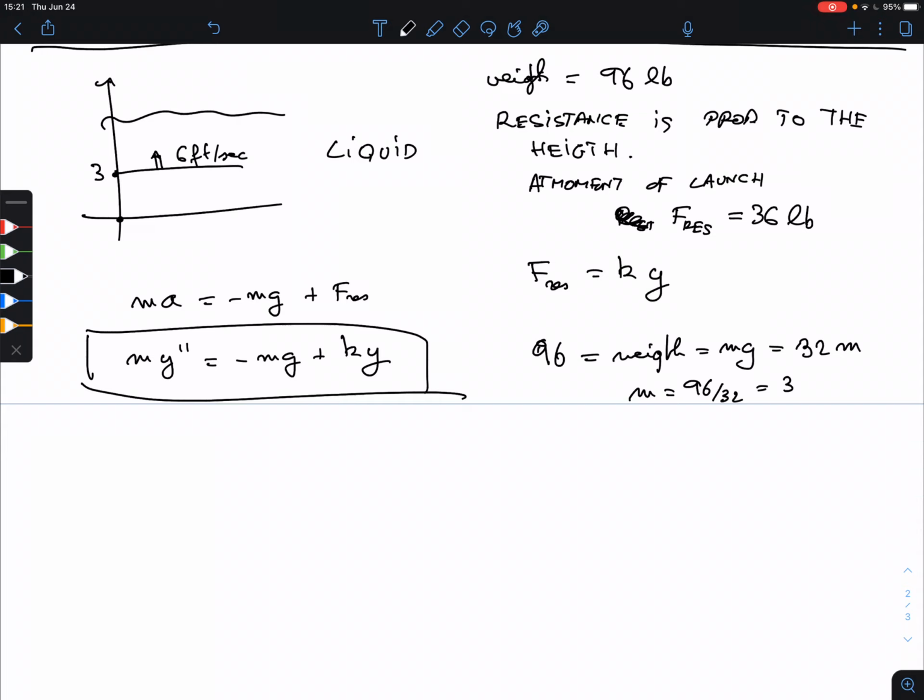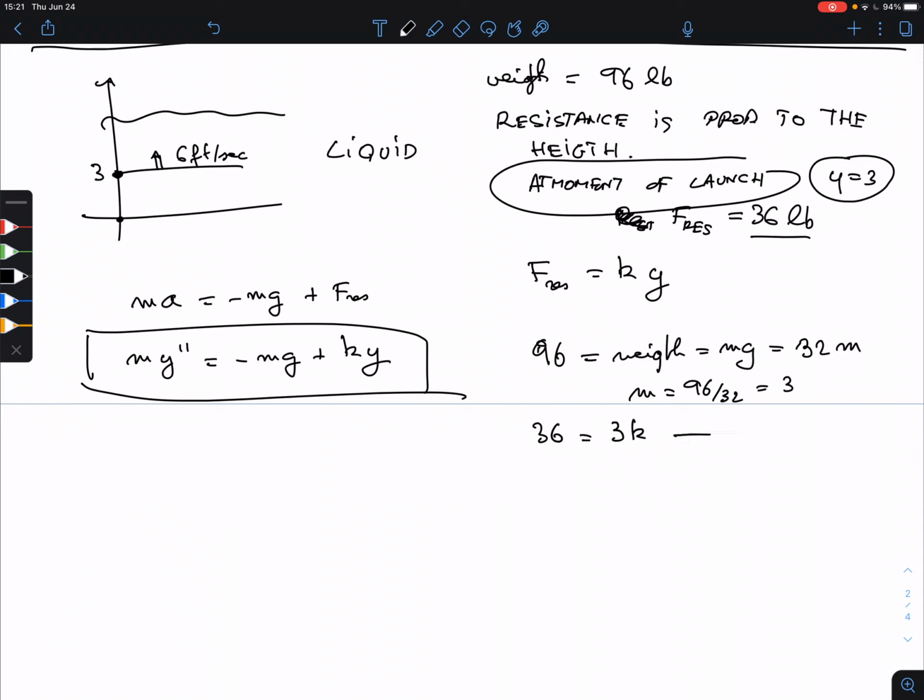What about k? At the moment of launch, y is 3, because this is the height that we launch at. If y is 3, then F is 36. So 36 is 3 times k, and therefore k is 12.